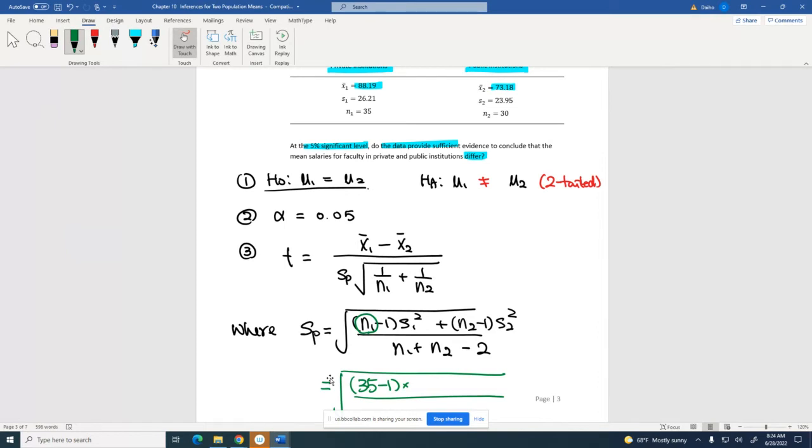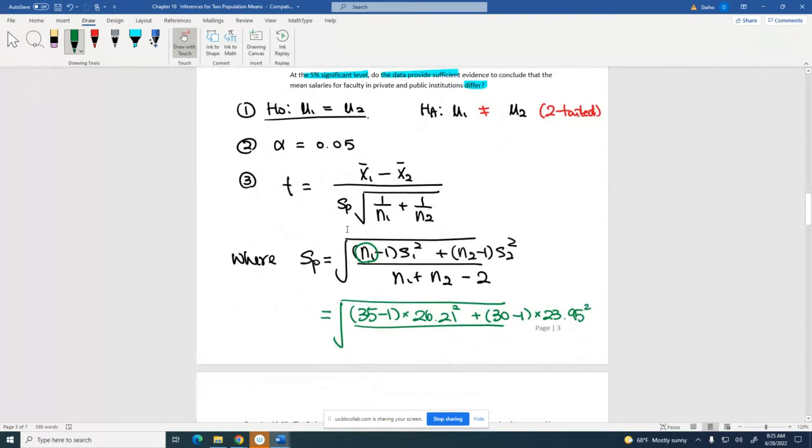Give me the S1. 26.21, but we need the variance, so squared. Add the other sample size, N2: 30 minus 1, times the other sample standard deviation, 23.95 squared. In the denominator, we plug N1 and N2 again: 35 plus 30 minus 2.